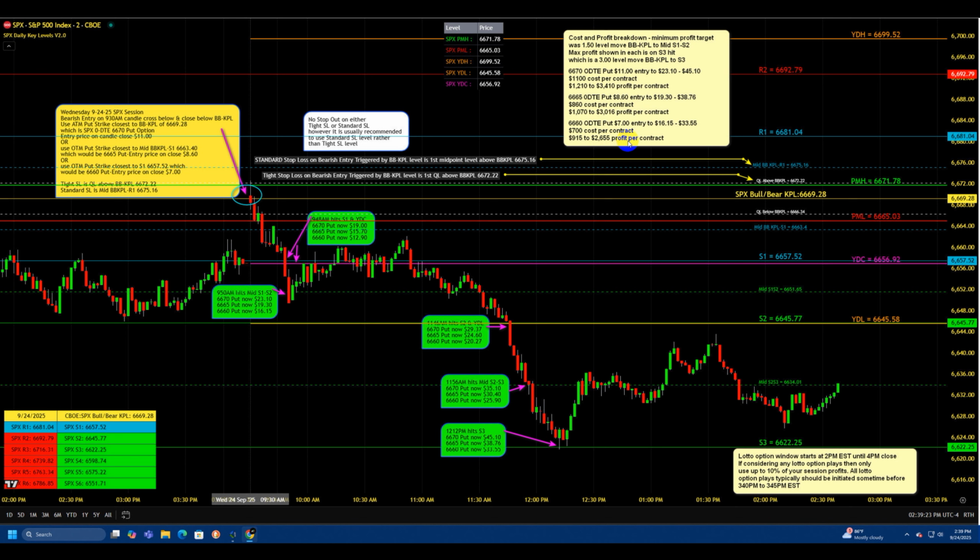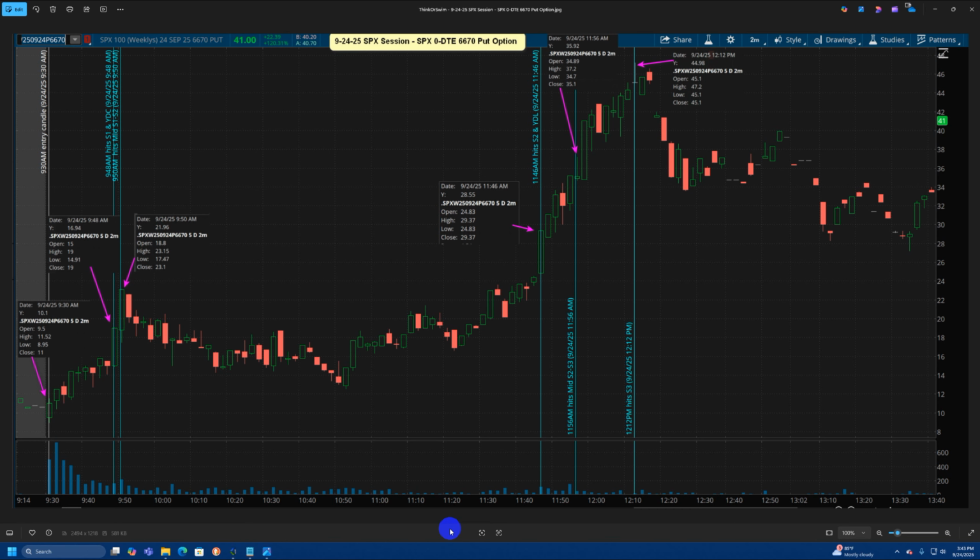Okay, so now we're just going to take a brief look at the Thinkorswim option charts I talked about earlier. Okay, so first we're going to look at the 6670 put. So what we have here is a Thinkorswim chart of the 6670 put option, and this is the 0DTE option expiring today.